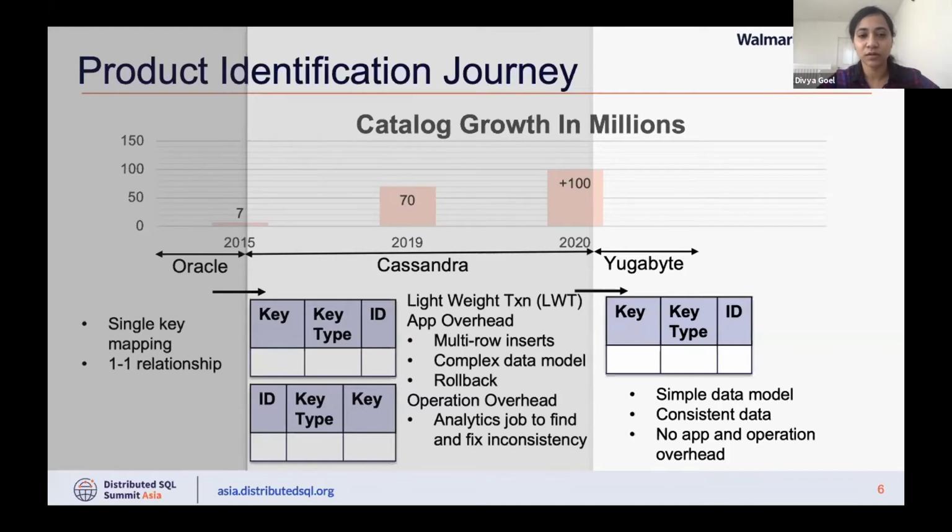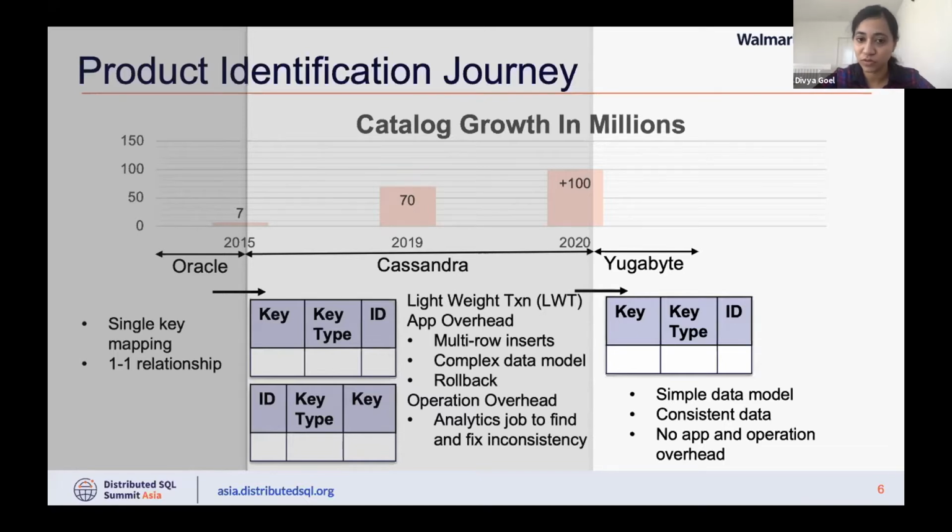When we moved to Cassandra, our data size also started growing. The complexity also started increasing. We used lightweight transactions to ensure that the key is only pointing to one ID. And we created two tables to get key and ID lookups. Application overhead started increasing because we wanted to do multi-row inserts. If any issue happened in between, the application had to take care of rollbacks.